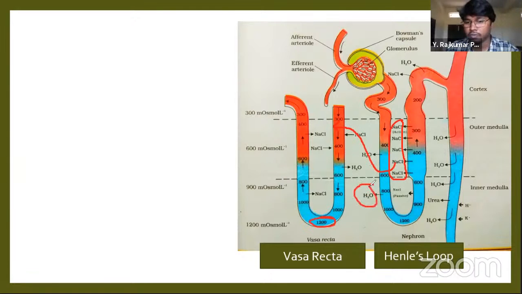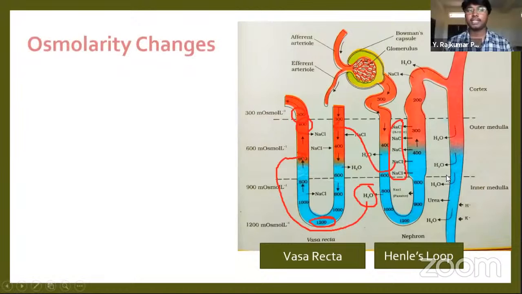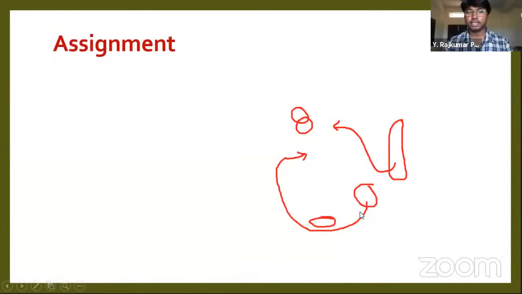The H2O molecules which are removed by the descending loop of Henle is added to the vasa recta. Okay, that's why the concentration is again getting decreased to the 300 osmolarity. So this is the counter current mechanism which exists in the process of filtration or the process of formation of urine. Okay, dear students, these are the osmolarity changes.